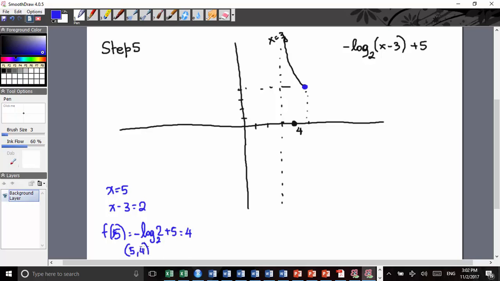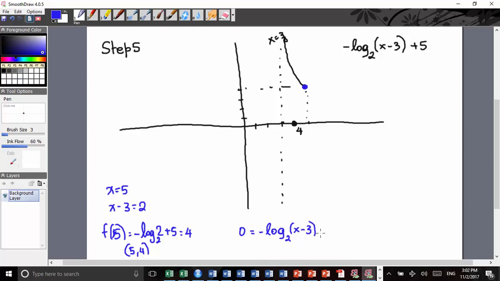Now, it would be good to know also the x-intercept. What is the x-intercept? The x-intercept is the x when f of x is equal to 0. So what I need to do basically, in order to find this point, is to solve the actual logarithmic equation.